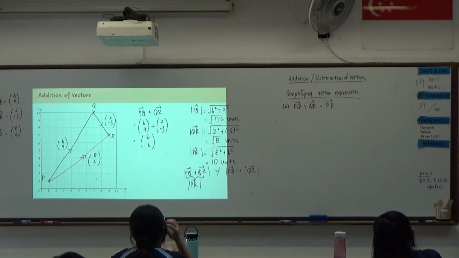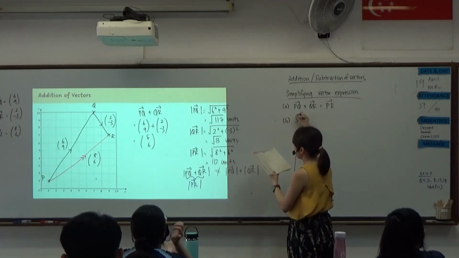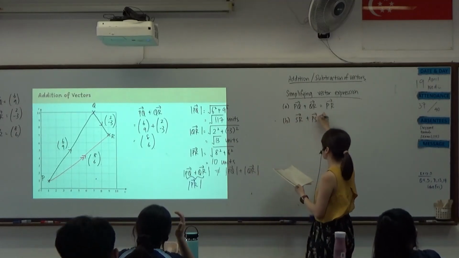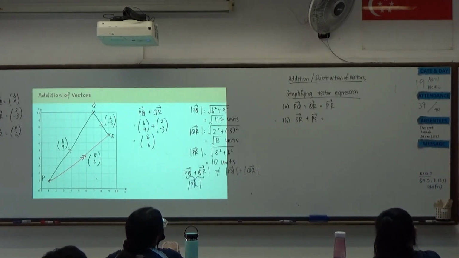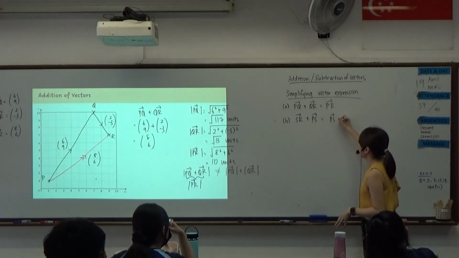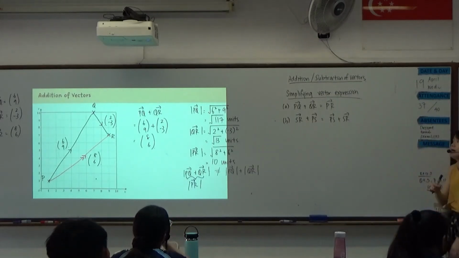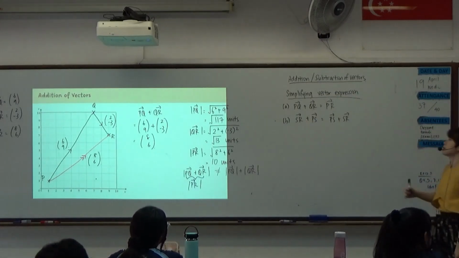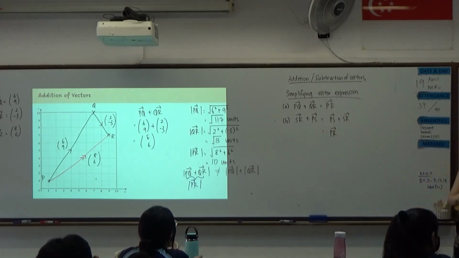And then what if instead we are given SR plus PS? I want to simplify this notation itself. We need to know that vectors behave somewhat similar to algebra. It is okay to swap them around. So it is the same as PS plus SR, which then simplifies to give us PR.